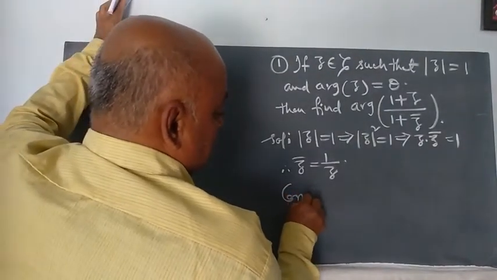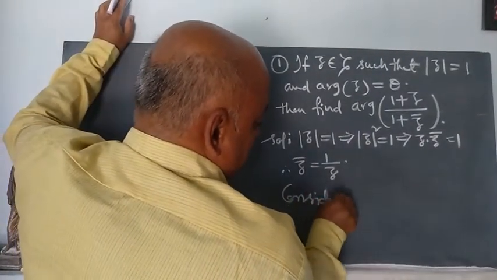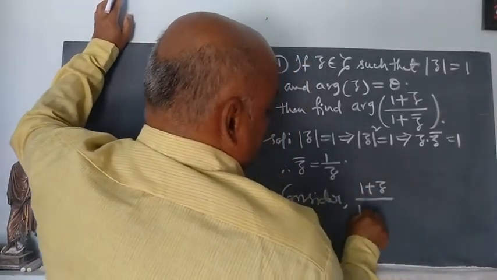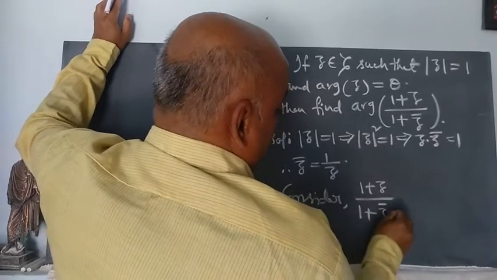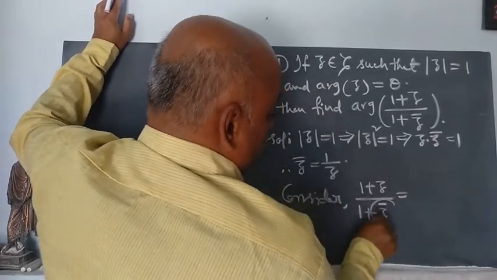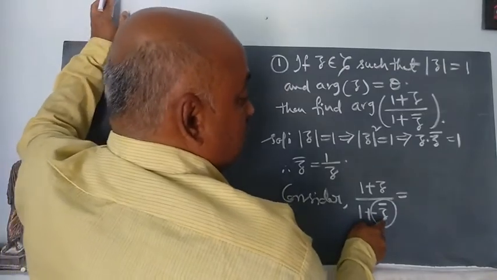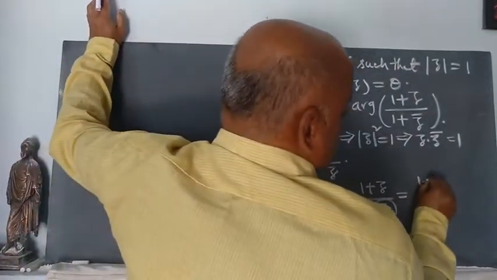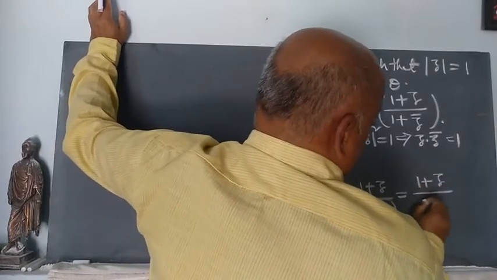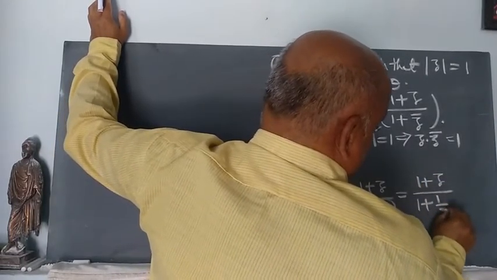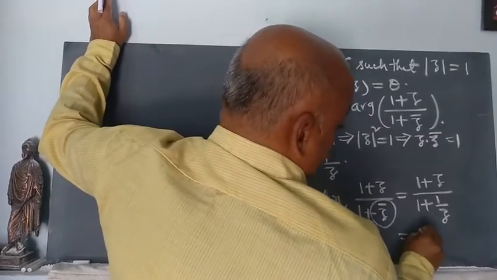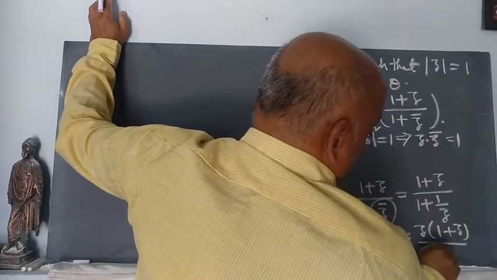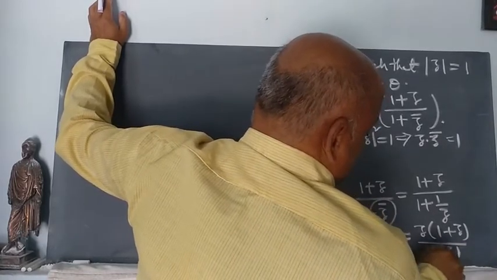Consider (1 plus z) by (1 plus z bar). Here substitute z bar as 1 by z. So (1 plus z) by (1 plus 1 by z), which is equal to z into (1 plus z) by (1 plus z).